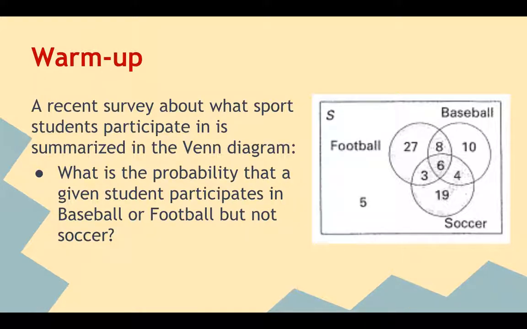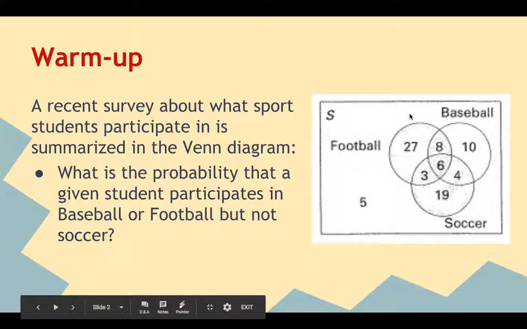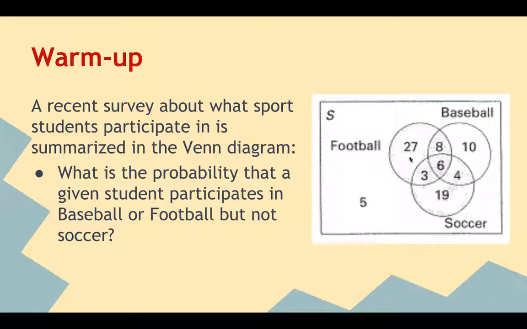Here's a question that you can try and think about. The probability that a given student participates in baseball or football but not soccer. What you have here is a Venn diagram of all the different possibilities that you could be. You have to be clear that you're not counted more than once.